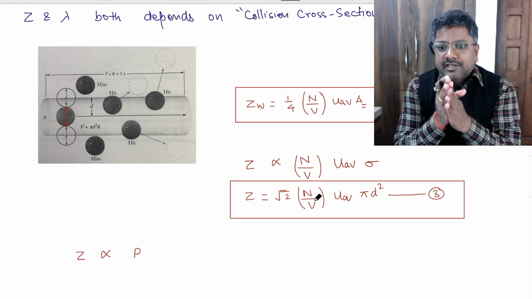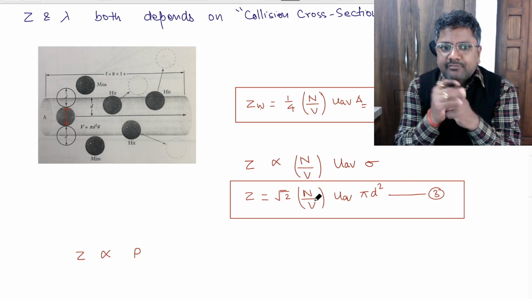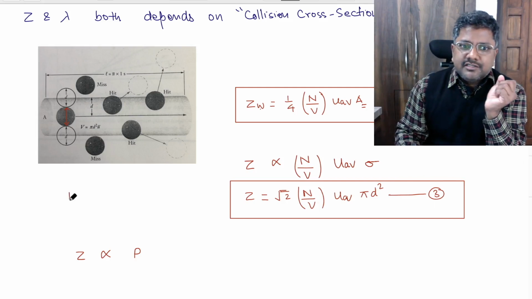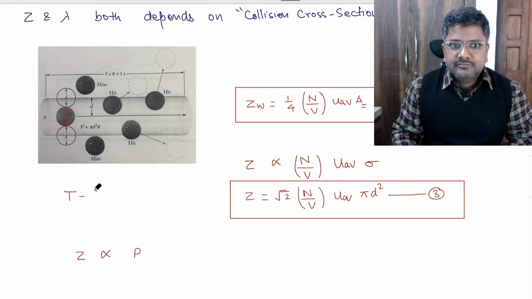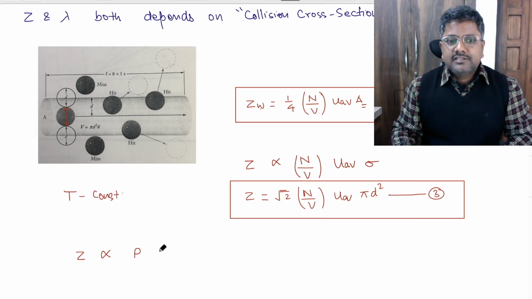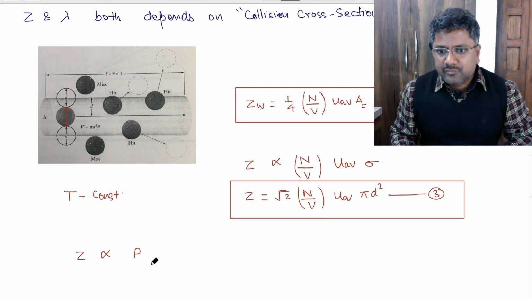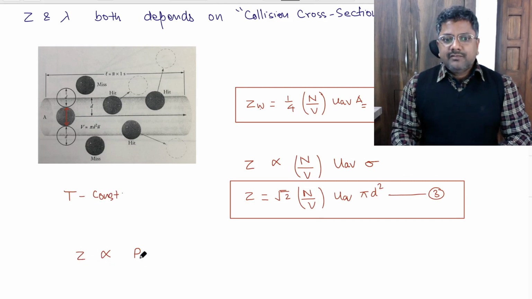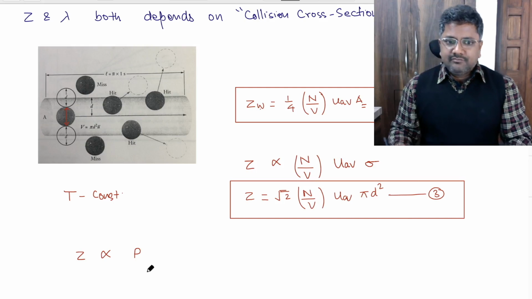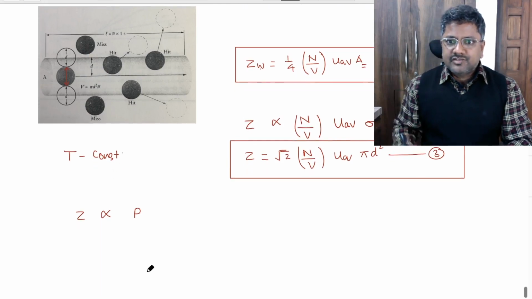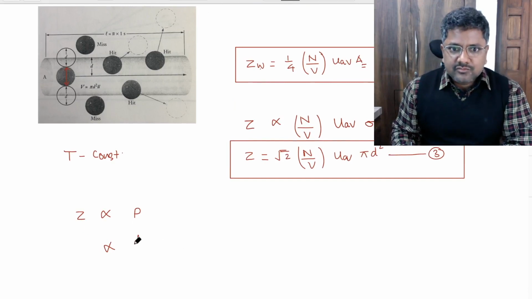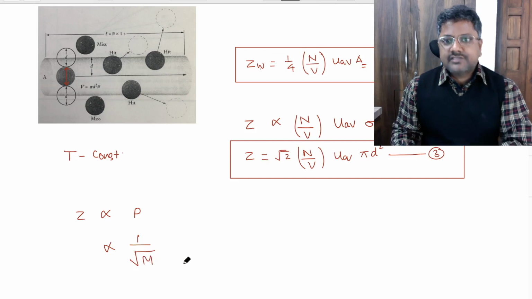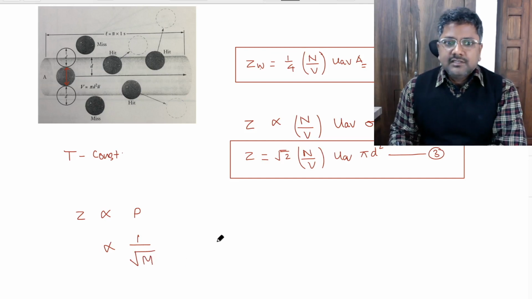Na is constant, R is constant, and if temperature is constant, then Z is directly proportional to P, meaning collision frequency increases with rise in pressure if other variables are constant, and Z is inversely proportional to the square root of the molar mass of the gas.